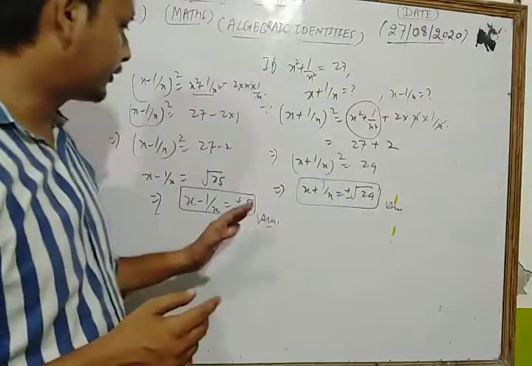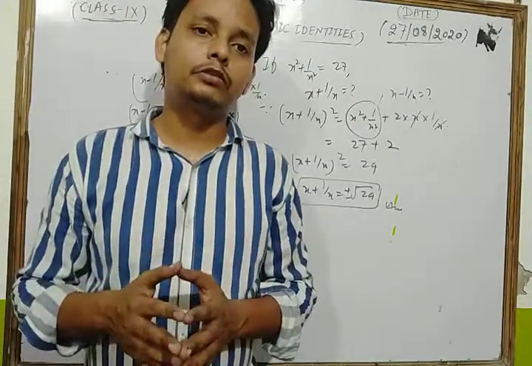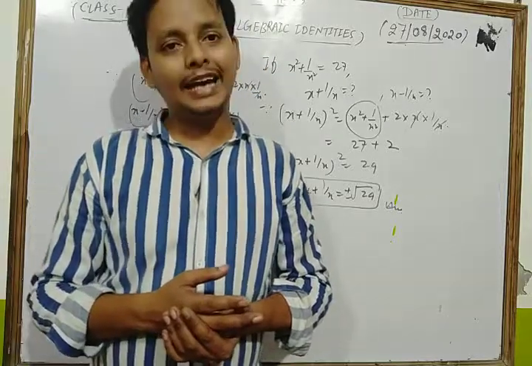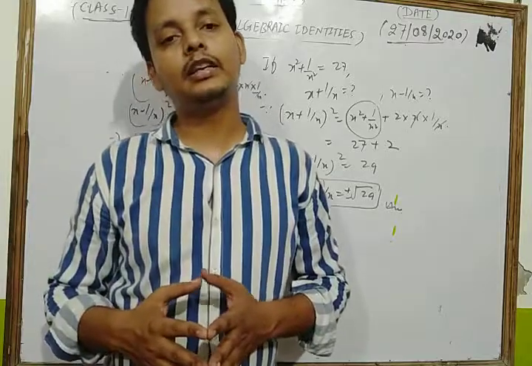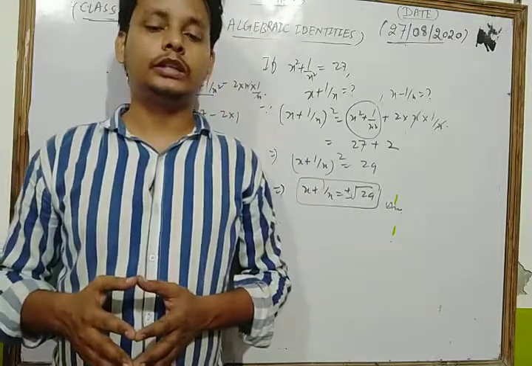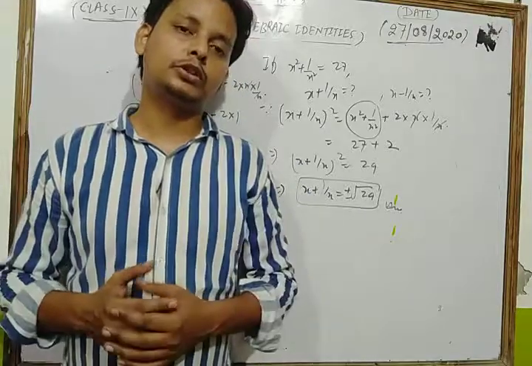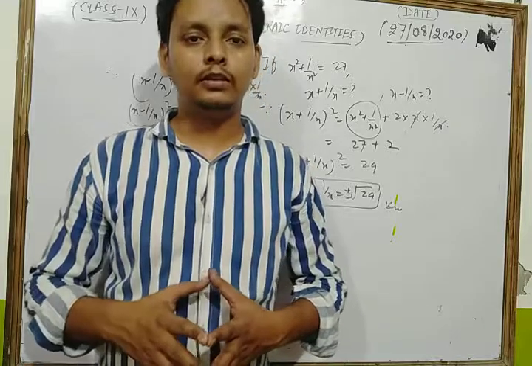After that, you revise all the questions and all the concepts which we discussed in this class. Then you can solve each and every question of your NCERT exercise. In the next class we will discuss some more important questions of your NCERT exercise based on algebraic identities. Okay, thank you.